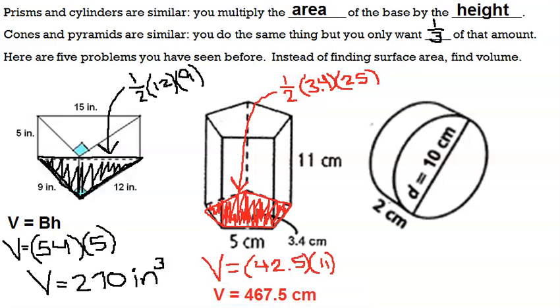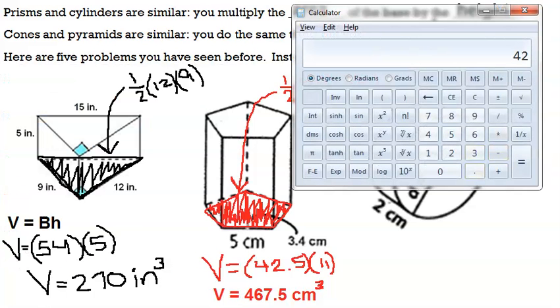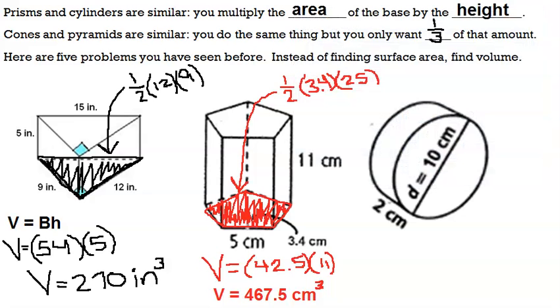And again, here we go with changing our unit. It is a volume, so we are going to go cubic centimeters. So again, if I'm losing people here, I'll just throw a calculator up there. 42.5 times 11, 467.5 centimeters cubed. So you do the area of whatever the base is times the height.